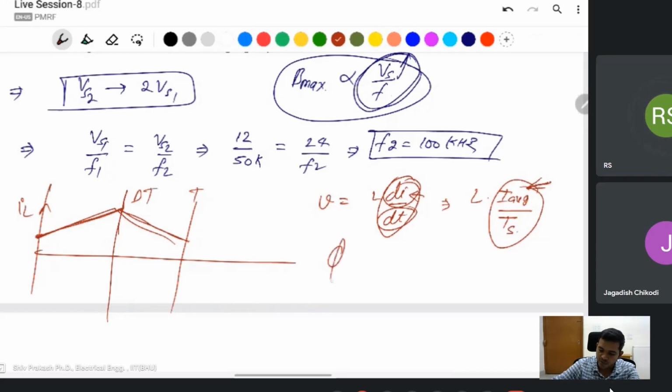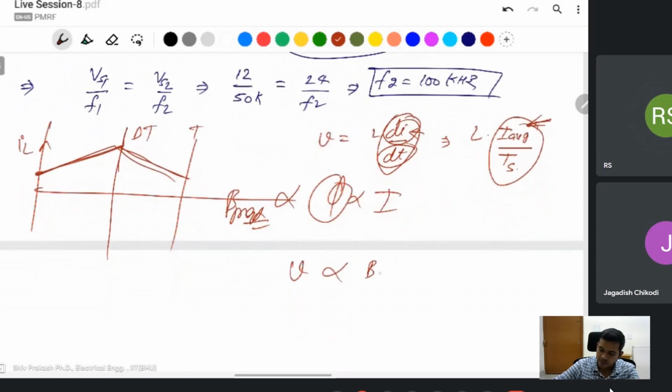Current is directly proportional to the flux, and flux is directly proportional to Vmax. So can you say that V is directly proportional to Vmax into F? Vmax should be maintained as V by F.